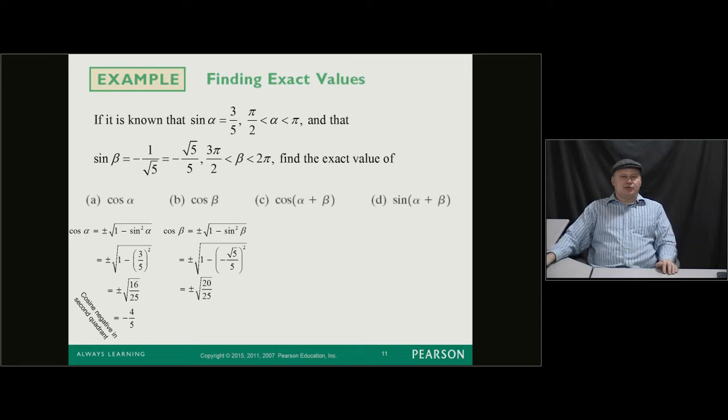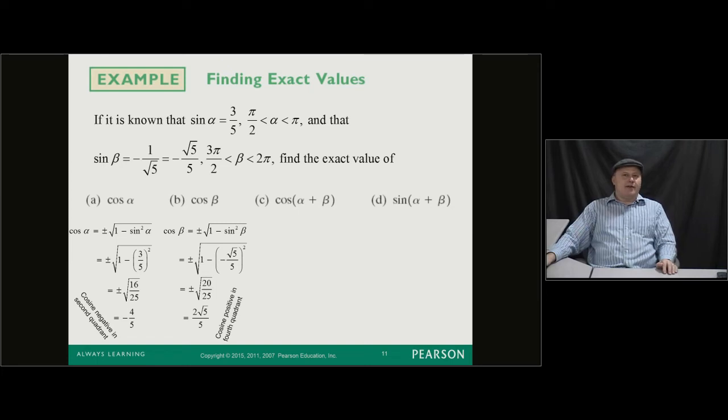So it's plus or minus the square root of 20 over 25, which gives me 2 square root of 5 over 5. Square root of 25 is 5. And it's positive. Why? Because beta is in the fourth quadrant, between 3 pi over 2 to 2 pi. And since it's in the fourth quadrant, cosine is going to be positive in that quadrant.